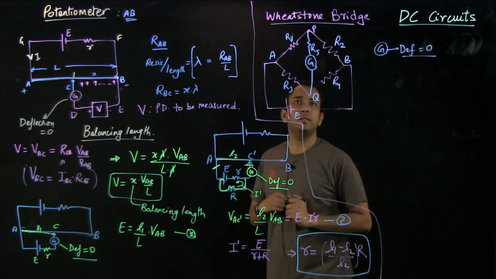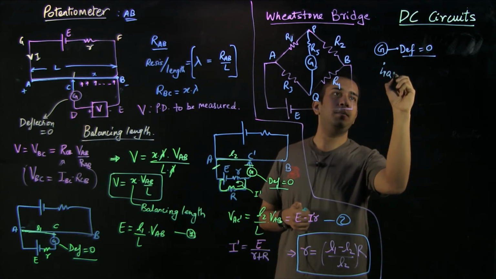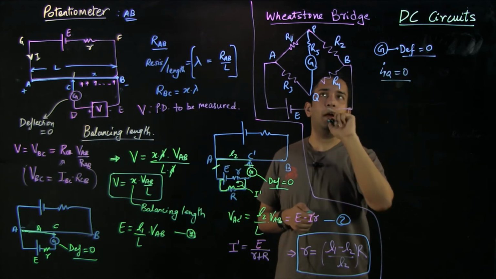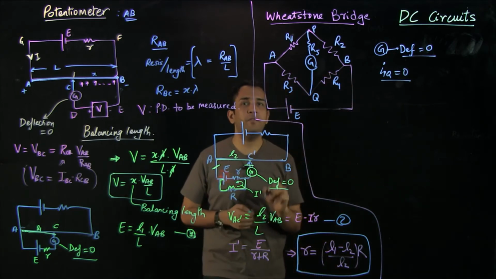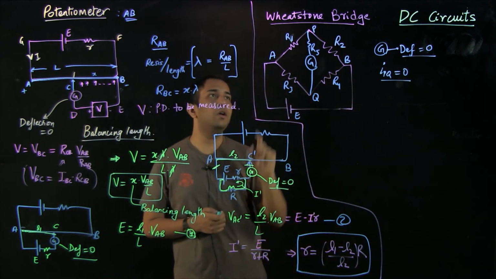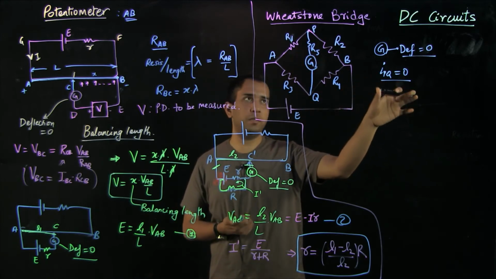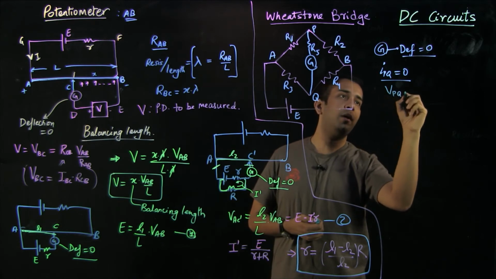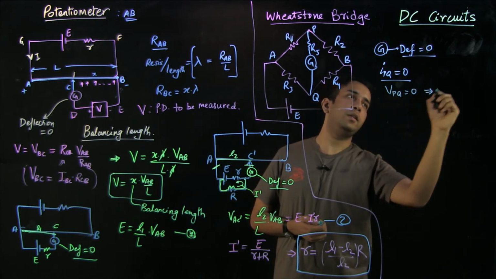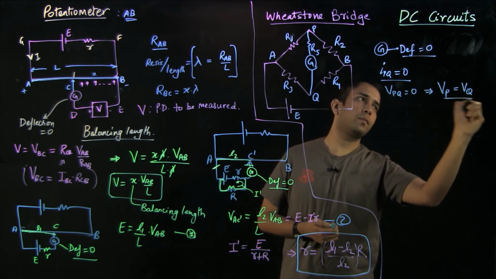It means that there is no current in branch PQ. And because there is no cell or EMF present in the branch PQ, there is no potential difference induced by the current being 0. So the potential difference between P and Q is 0. It says that the potential of P is equal to the potential of Q.